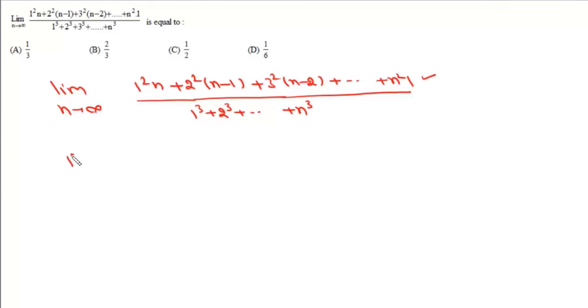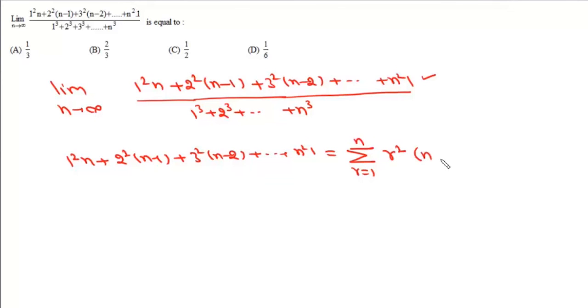So we'll write this as 1 square n plus 2 square n minus 1, 3 square n minus 2 up to n square 1, and we'll write this as the summation r varies from 1 to n r square, and then it will be n minus r plus 1.